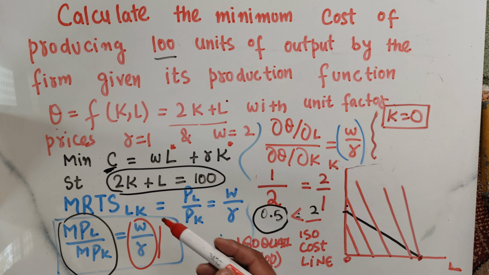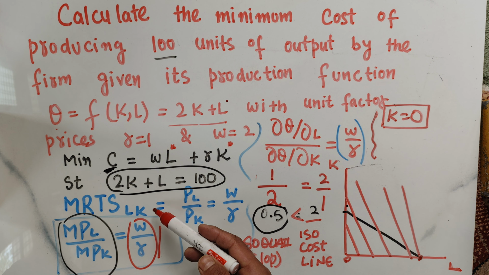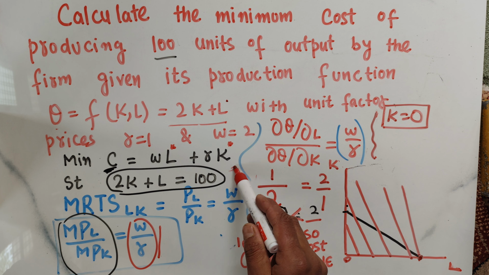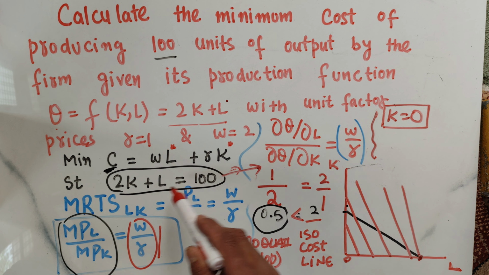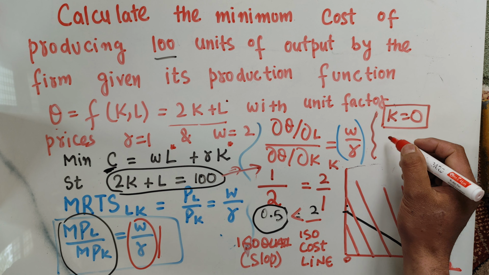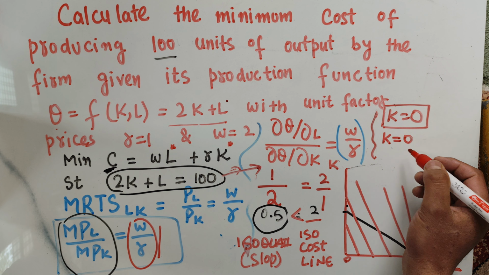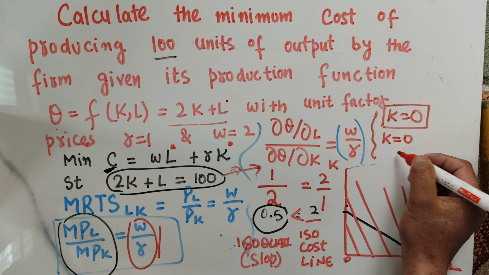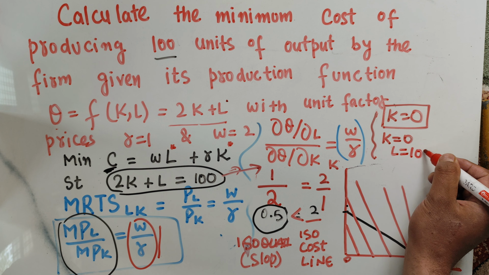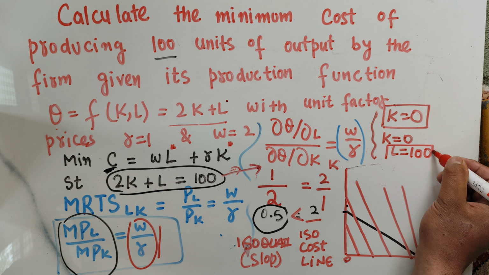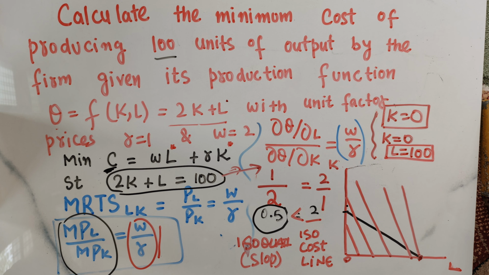If we plug K equal to 0 into this constraint, what happens? K is equal to 0, that means L will be equal to 100. So we are using 100 units of labor to produce the 100 units of output.